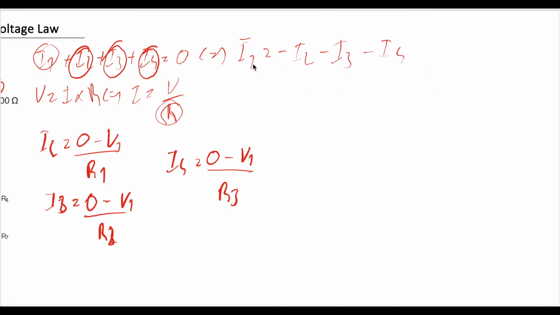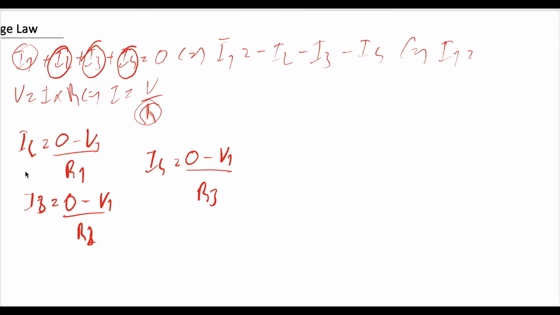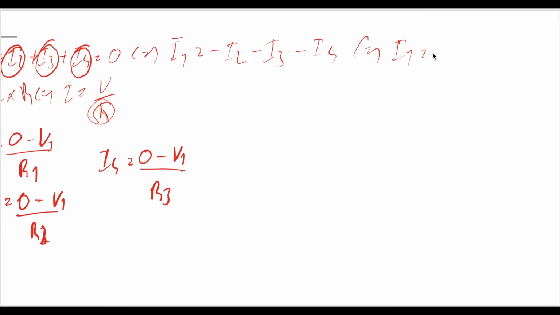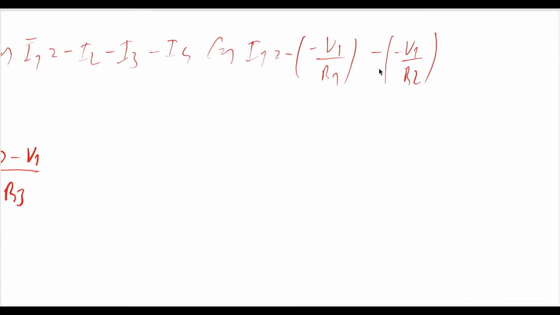I will put it into here. So let's calculate. I1 is equal to, we know that I2 is equal to minus V1, so it's minus V1 divided by R1, minus V1 divided by R2, that is I3, and minus V1 divided by R3.